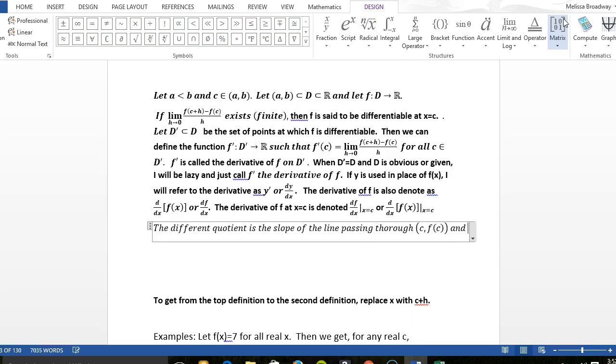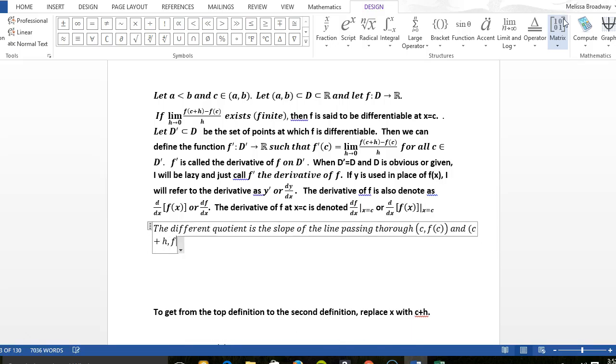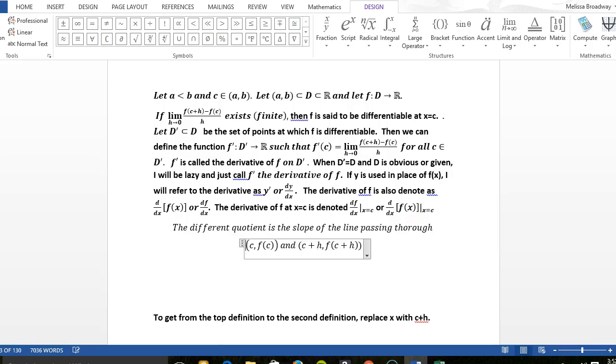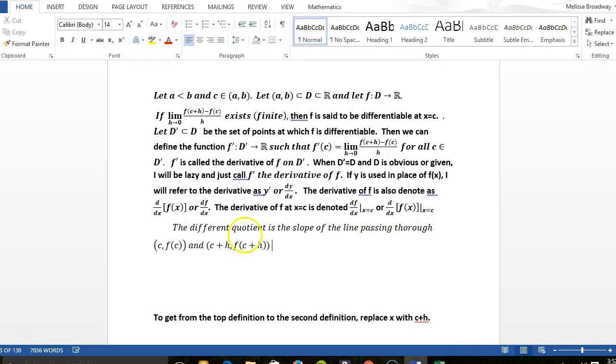There's only one of its kind, and c plus h comma f of c plus h. My spacing is a little bad here. So the difference quotient is the slope of the unique line passing through this point right here and this point right here.